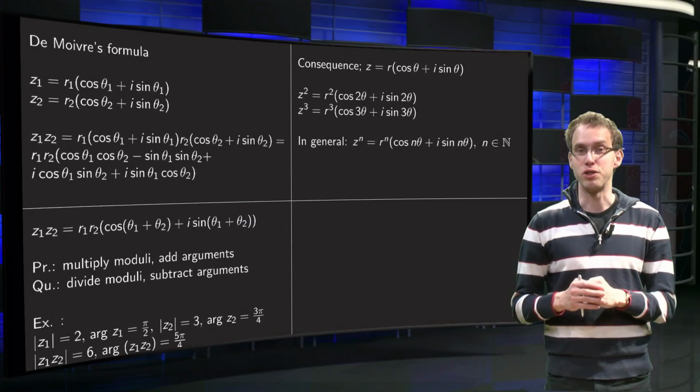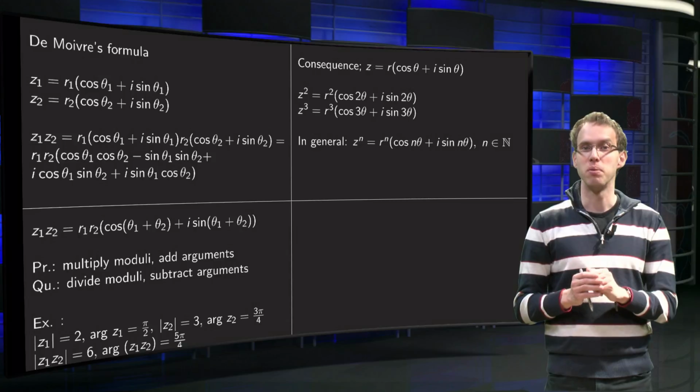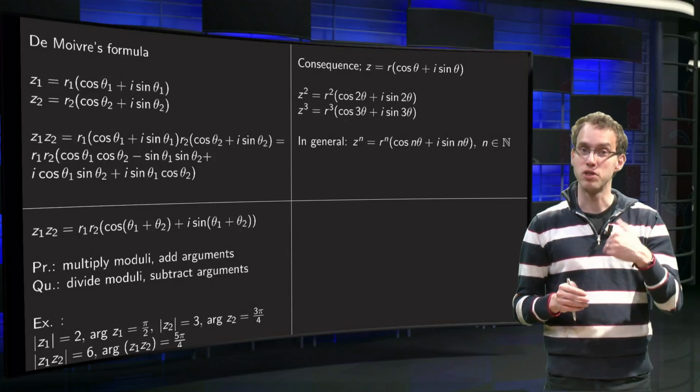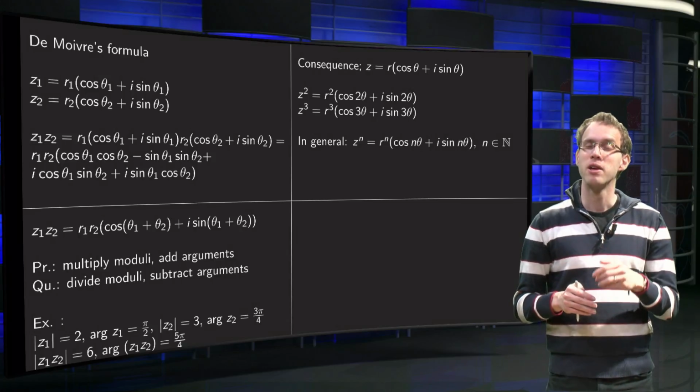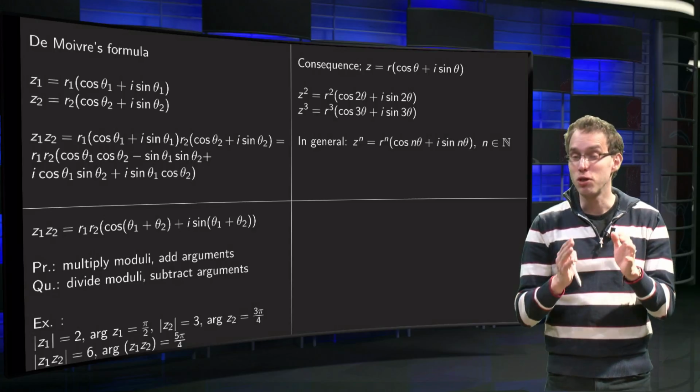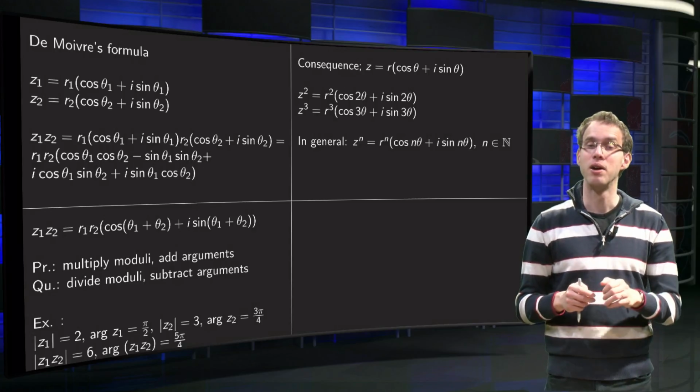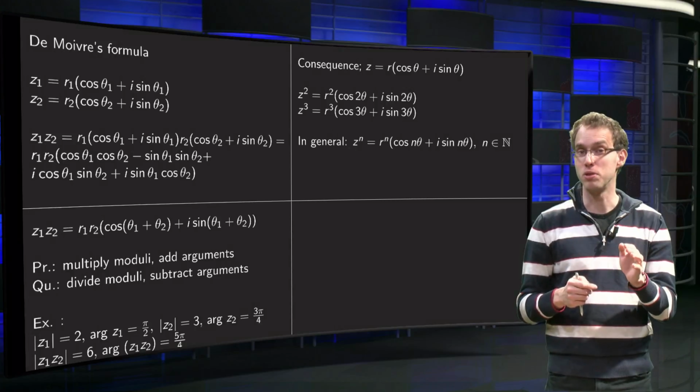Let's look at a consequence. Let's look at one complex number, and let's compute z squared, z cubed, etc. So our complex number z has as modulus r and as argument theta. What happens if we compute z squared?